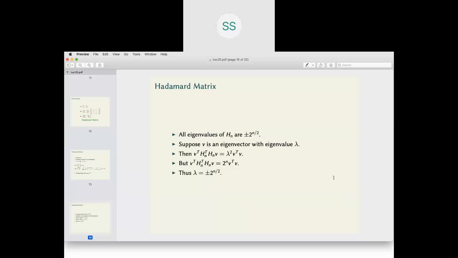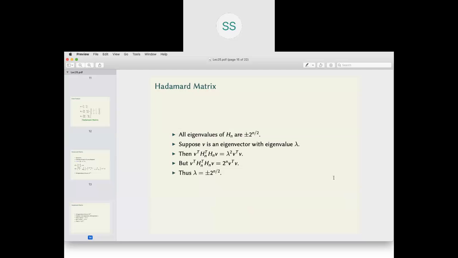Now consider v transpose Hn v, which is lambda times v transpose v. Since lambda is a scalar, we can collect them together, so we have lambda square times v transpose v.